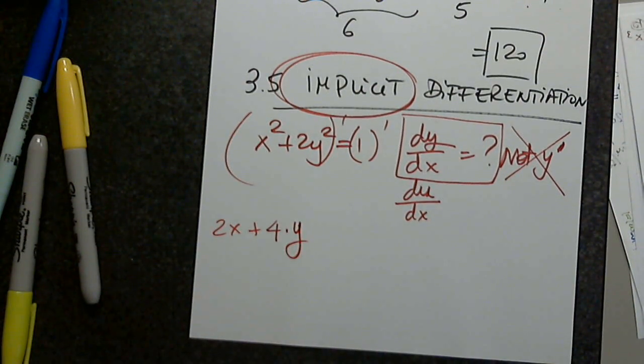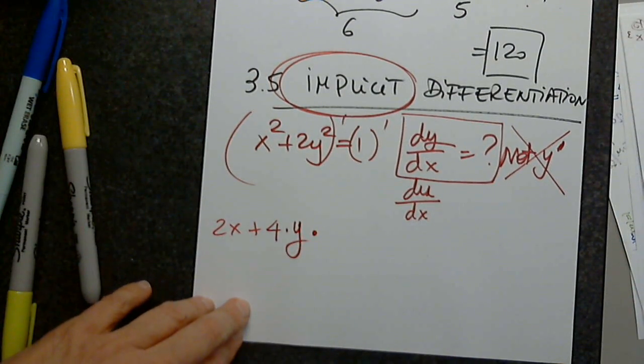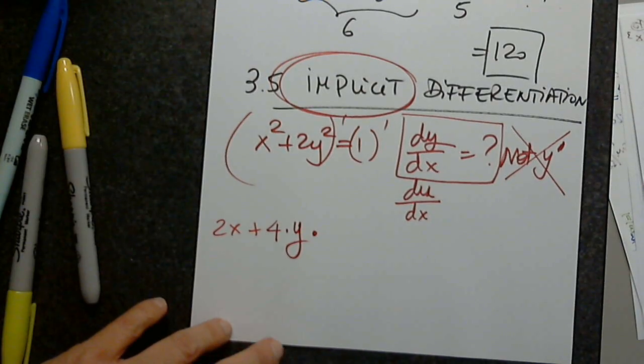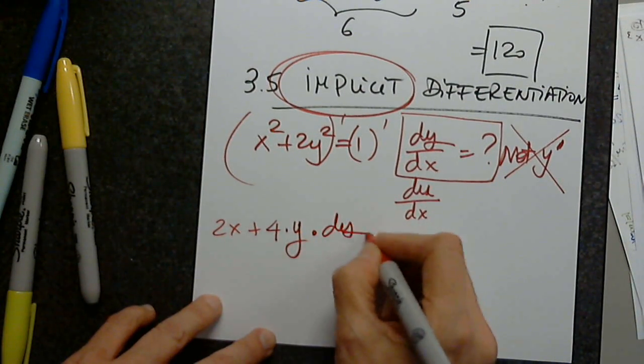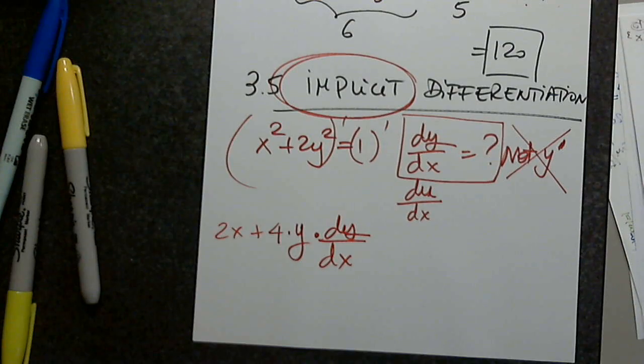Times, since this is a function, the derivative of y, yes, but I prefer dy over dx. One more time. 2y squared prime is 2 times 2 times the inner function. So I differentiated the power first. It is the outer function, but then I have to differentiate, so 2 minus 1 times the inner function prime. I don't have y prime, so it's dy over dx.